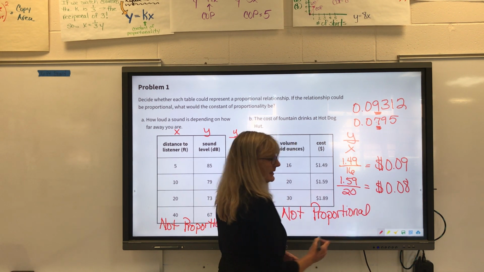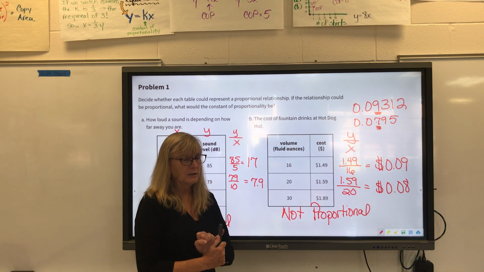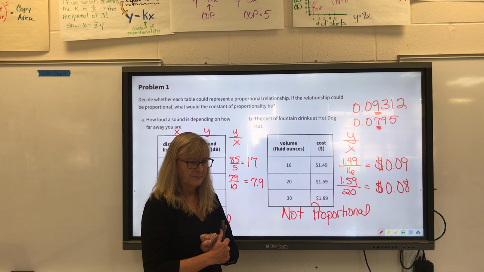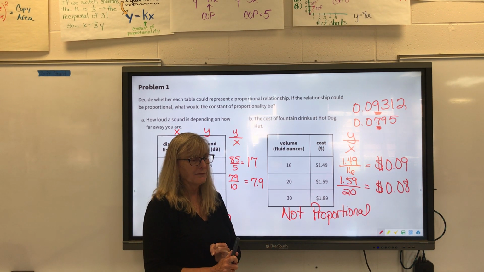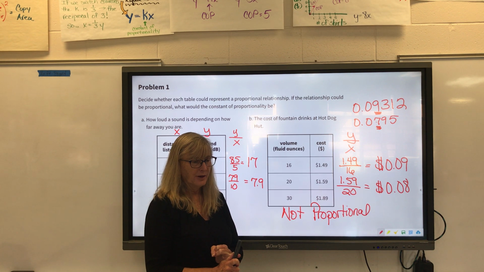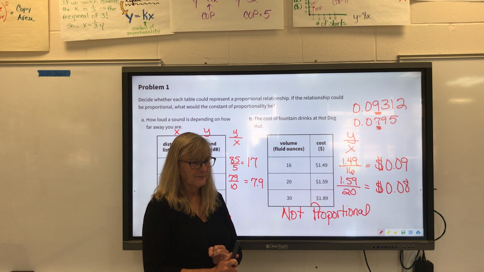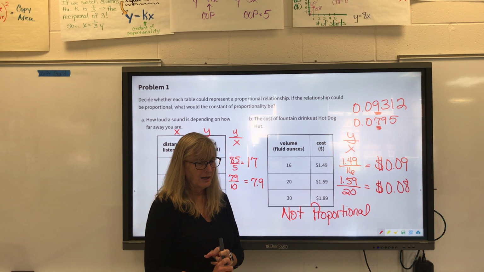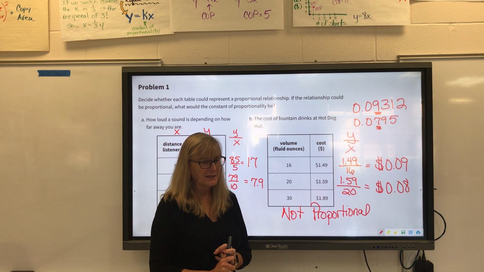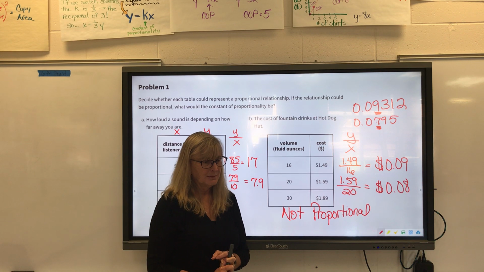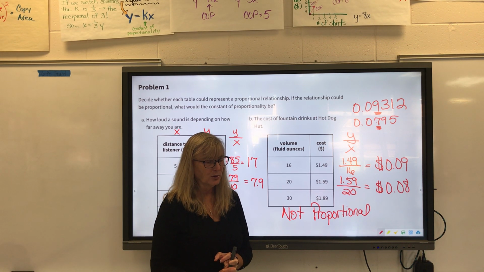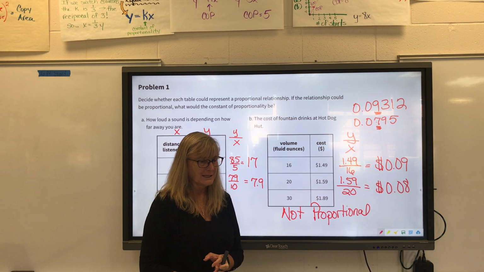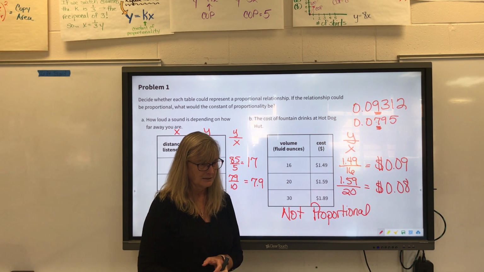Now, my expectation is that either you are one, writing this down on paper, or two, you have the PDF up and you're annotating on your iPad. My expectation is not that you have the quiz pulled up and you're just entering the answers, because that's not going to help you a whole lot when you go back to study, because you're not going to have the problems worked out to look at.